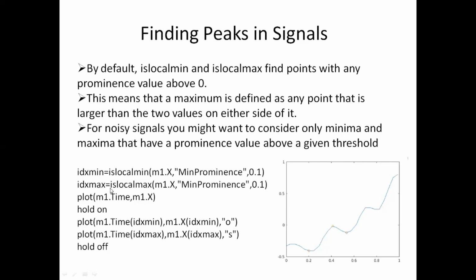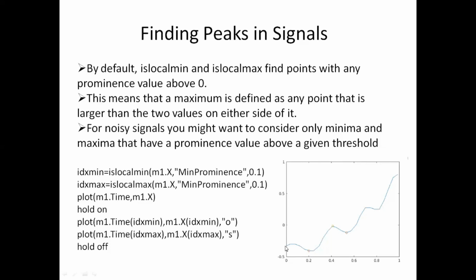In the same way, we calculate the local maxima points, considering only those maxima points where the minimum prominence value is greater than 0.1, and those go to the variable idxmax. Next we will use a plot program similar to the one we have done already.